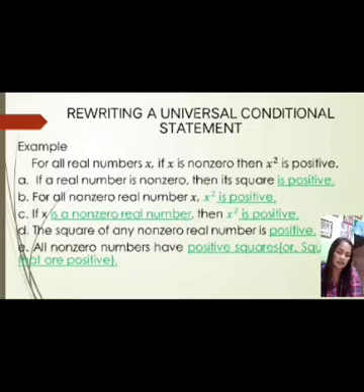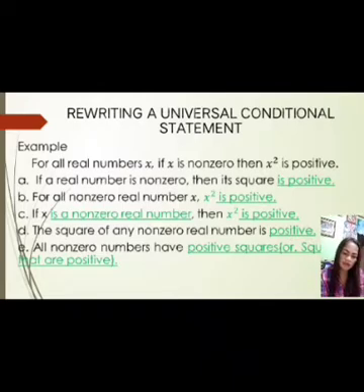Rewriting a universal conditional statement, example by numbers. Let's say, for example, for all real numbers x, if x is non-zero, then x squared is positive. A: If a real number is non-zero, then its square is positive. B: For all non-zero real numbers x, x squared is positive.